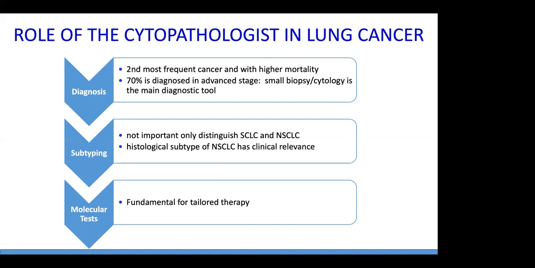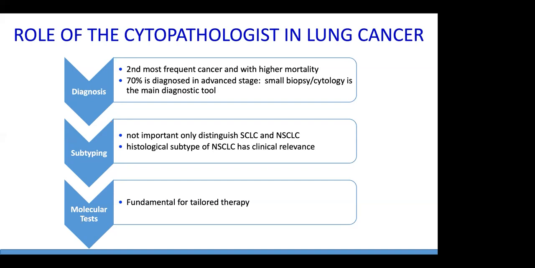So we cytopathologists have a very important role in lung cancer. We know that lung cancer is the second most frequent cancer in the world and with the highest mortality. 70% of the cases of lung cancer are still diagnosed in the advanced stage. So the only material that we have is a small biopsy or cytology.